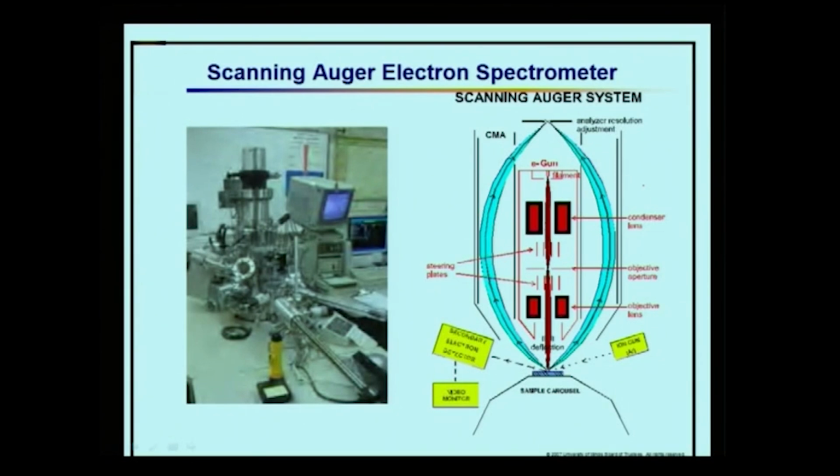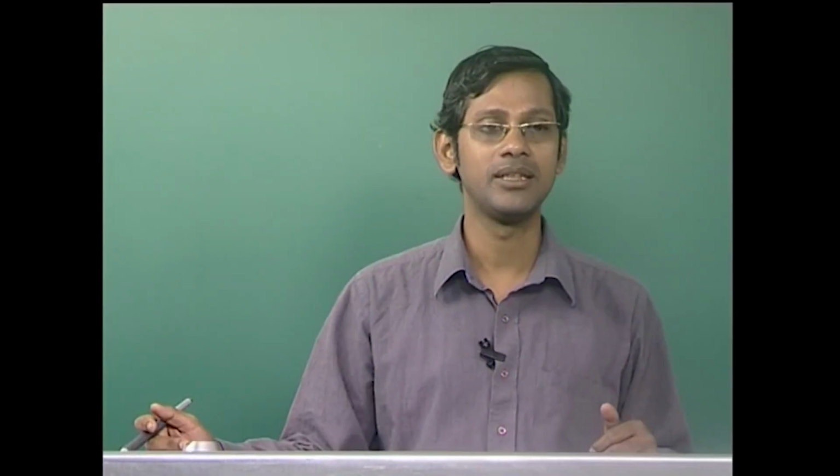The last technique which is useful, which I am going to discuss, is the scanning Auger electron microscope actually, or microprobe. You can actually scan the surface and do that. What you do is basically you can use the same technology as used in the SEM, and your electron beam which is coming and falling on the sample surface can be allowed to raster on the sample surface, or can be allowed to basically scan the sample surface.